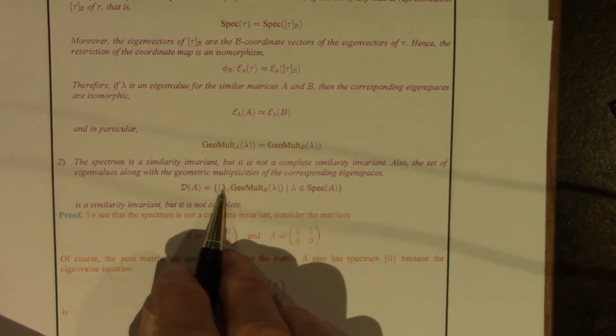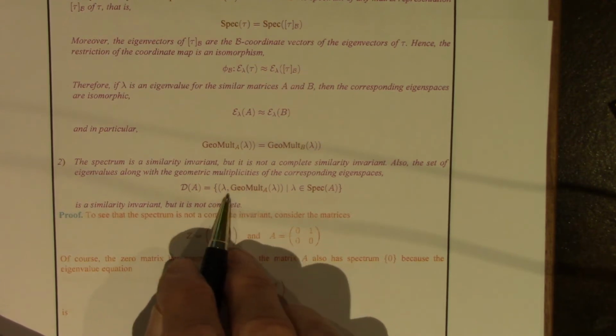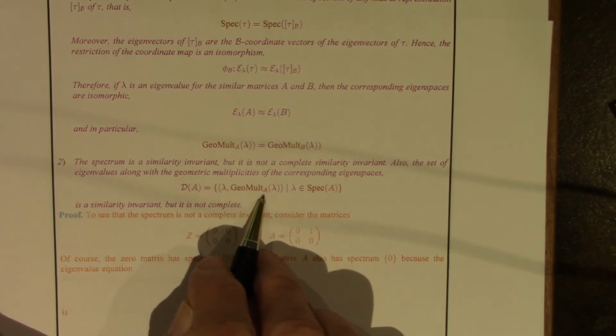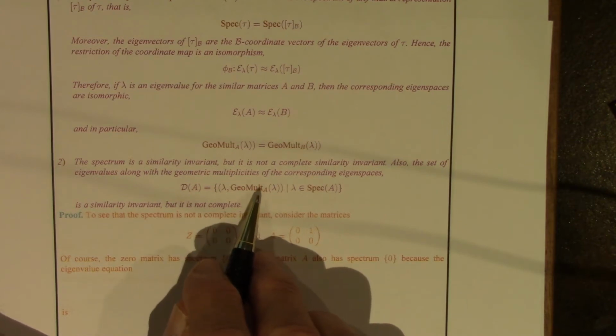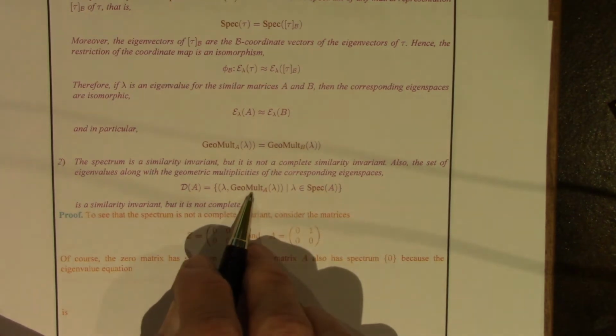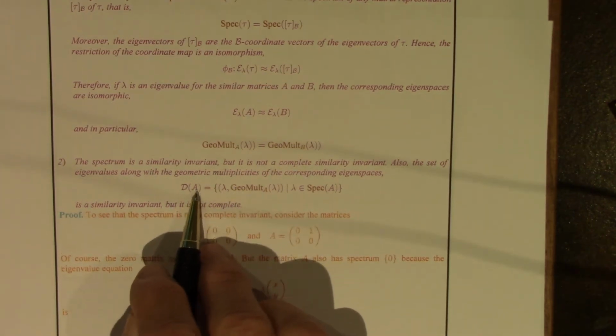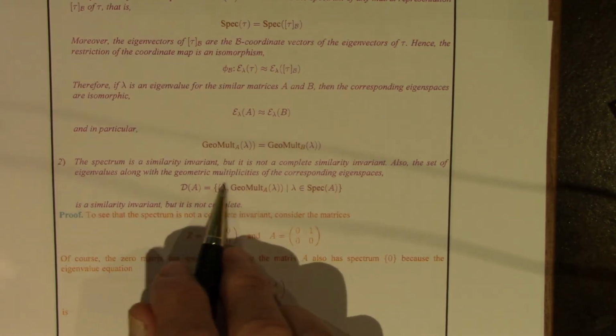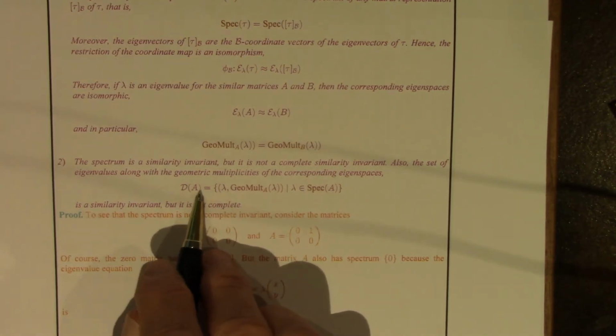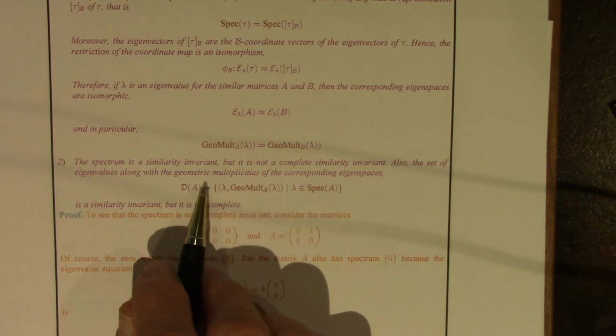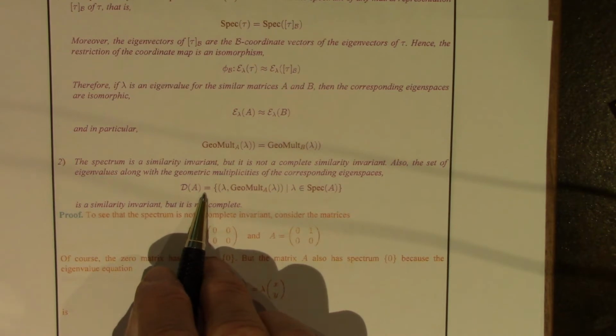This gives you the eigenvalues together with the dimensions of their eigenspaces. So both of these, the spectrum and this set, which I call D sub A (there's no notation that I know of for this), are similarity invariants, but they are not complete, neither one.